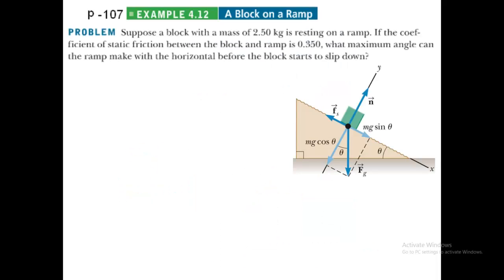All right, we're going to solve this example first, which is 4.12, a block on a ramp. Suppose a block with a mass of 22.5 kg is resting on a ramp. So this is the ramp, it is resting, and keep in mind that this is the weight mg, always downward. This is theta, so this is also theta.